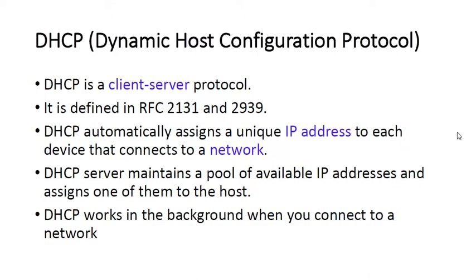Basically, DHCP is a client-server protocol, and in this protocol the automatic assignment of a unique IP address to each device over the network is carried out. It is defined in RFC 2131 and RFC 2939.